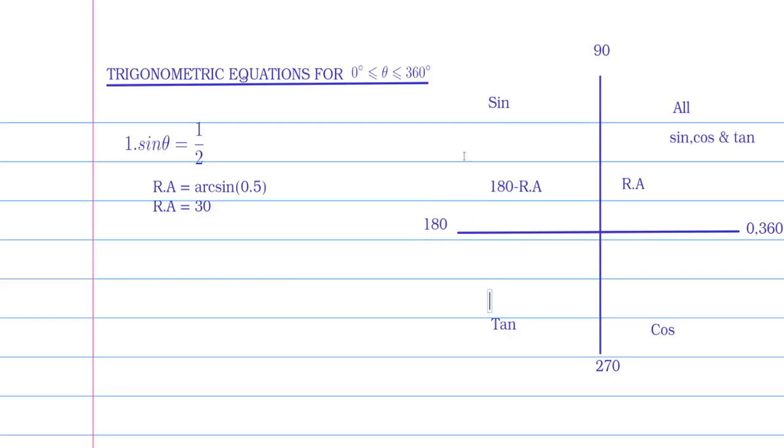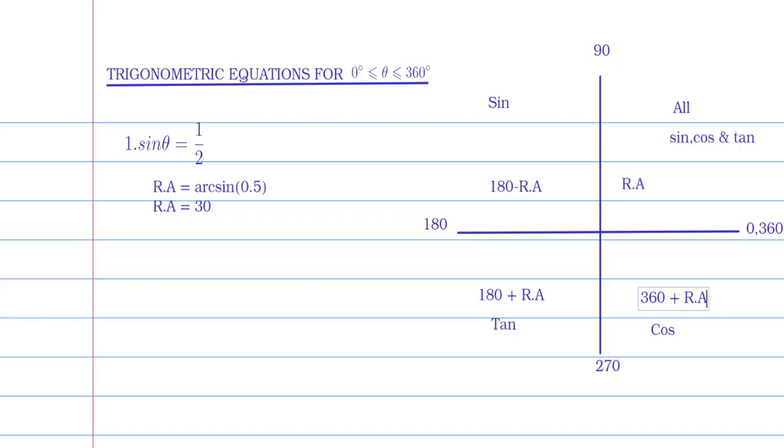So you have to subtract from 180, and then for the third quadrant it's 180 degrees plus the reference angle, and then in the fourth quadrant you are going to say 360 degrees minus the reference angle.